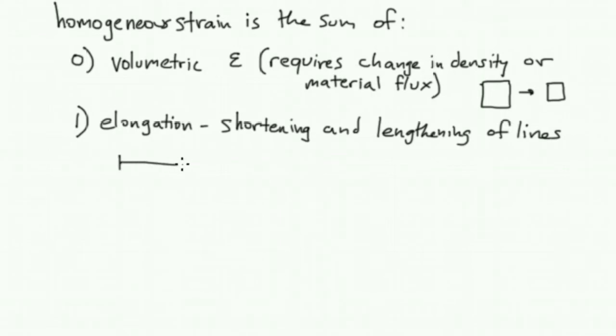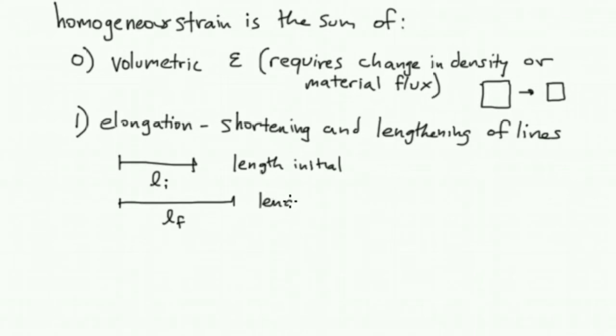If we have a line of an initial length, we'll call it length sub I, and we stretch this thing so it has a final length, we can define a value S called stretch as the ratio of these two: the final length over the initial length.